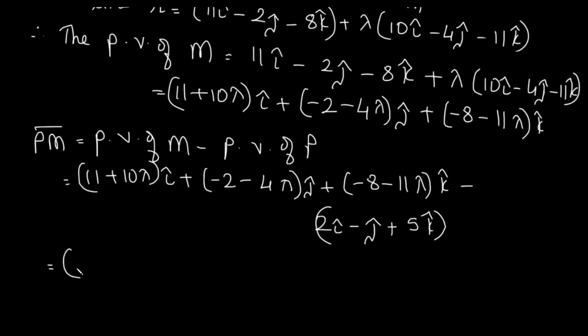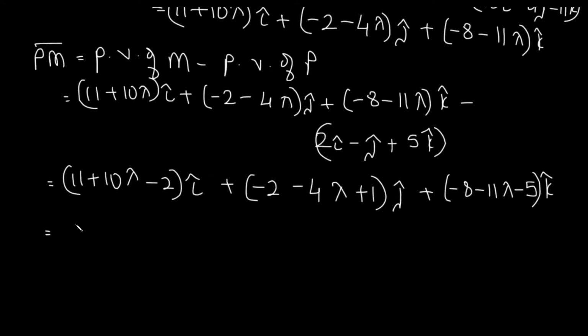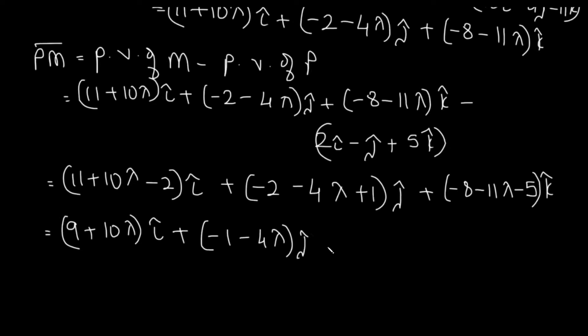So we get in the bracket 11 plus 10 lambda minus 2 into i, plus minus 2 minus 4 lambda, minus and minus plus 1, into j, plus minus 8 minus 11 lambda and minus 5 into k. So in the next step, this becomes 11 minus 2, that is 9 plus 10 lambda into i, plus minus 2 plus 1, that is minus 1 minus 4 lambda into j, and plus minus 8 minus 5 is minus 13 minus 11 lambda into k. So this becomes the position vector for PM bar.